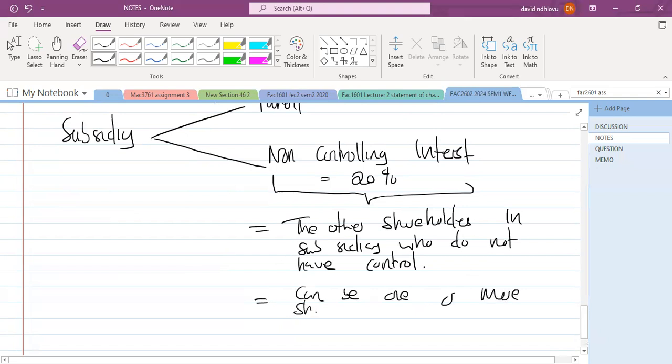So when we look at the company and we are looking at 100% shareholding, we should be able to determine how much is the percentage that belongs to the parent and also how much is the percentage that belongs to the non-controlling interest. So whenever we look at a subsidiary and we look at the investors in that company, we group on one hand the non-controlling interest, and on the other hand, the parent in the subsidiary.